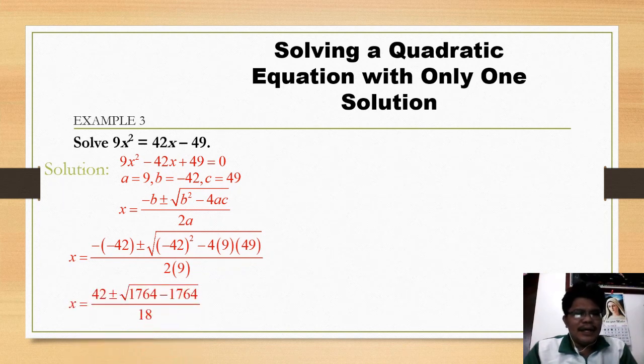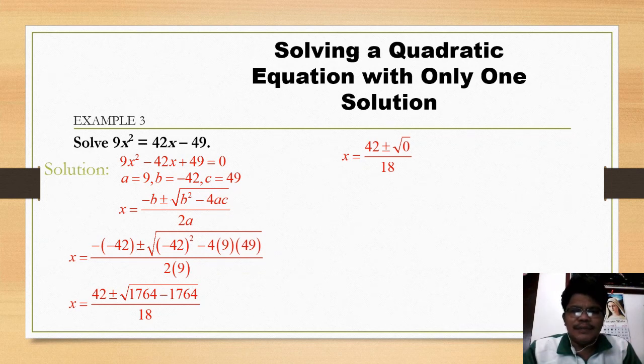And then simplify again. So it becomes x equals 42 plus and minus the square root of 1,764 minus 1,764, all over 18. And of course, if you subtract 1,764 by itself, it becomes 0. So the answer now is 42 plus and minus the square root of 0.